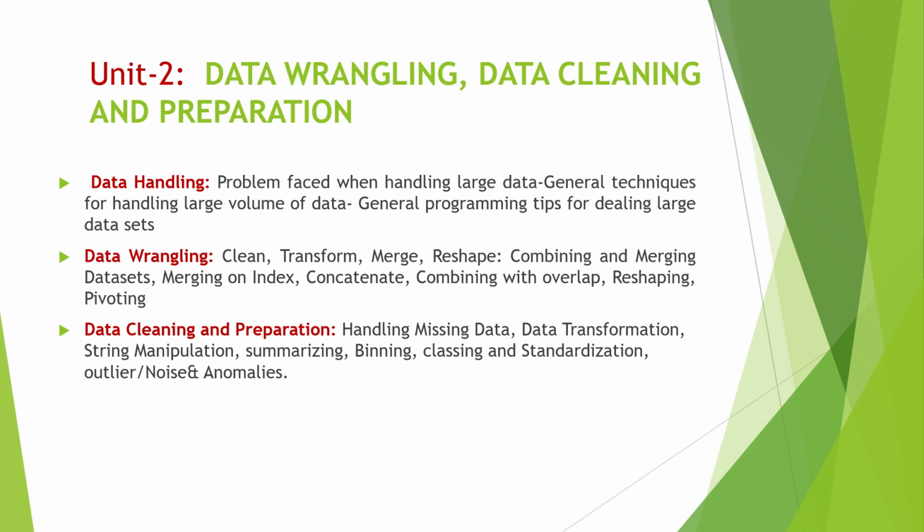Finally, data cleaning and preparation ensures that the dataset is accurate and consistent. This includes handling missing values, applying transformations, manipulating string data, summarizing information, grouping data into bins or classes, standardizing values for uniformity, and identifying as well as removing outliers, noise, and anomalies. Together, these steps improve data quality and make it ready for meaningful analysis and decision making.